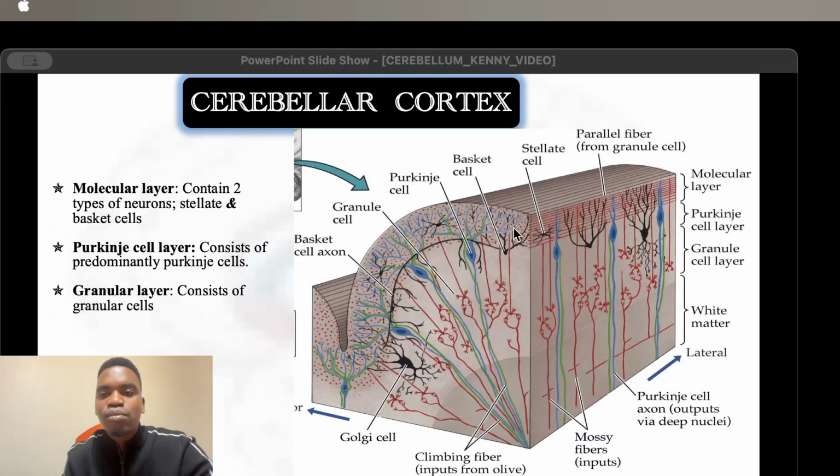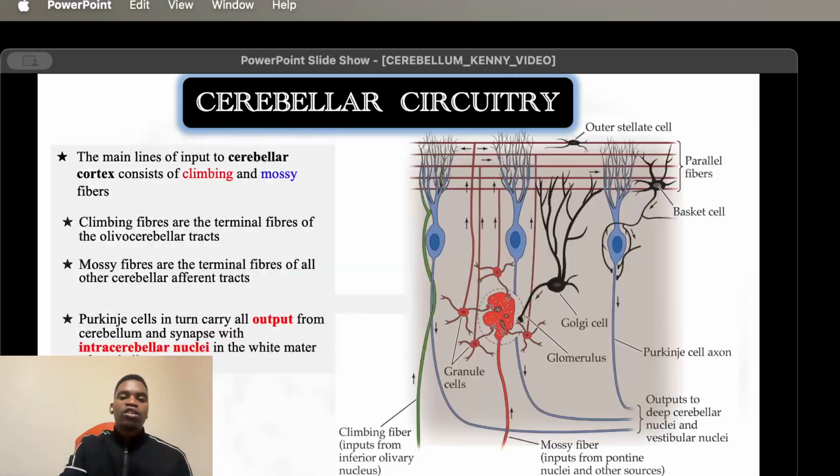It takes this information into the deep cerebellar nuclei. So it takes the output from the cerebellum into the deep cerebellar nuclei.